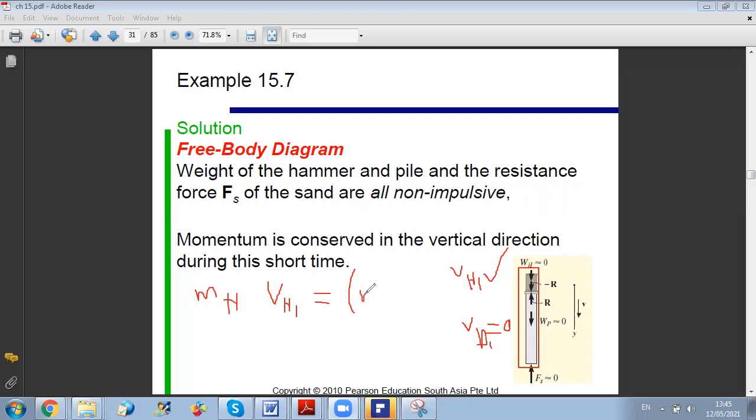So we have mh plus mp times the final velocity of both. Okay. In this equation the only unknown is the final velocity, so we can get the corresponding velocity, v final of the system.